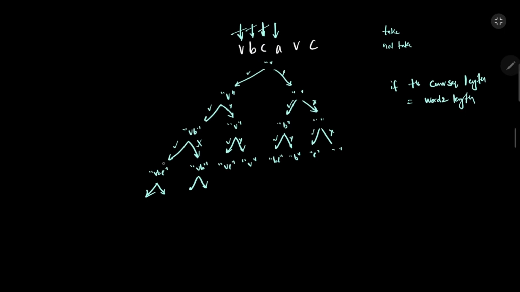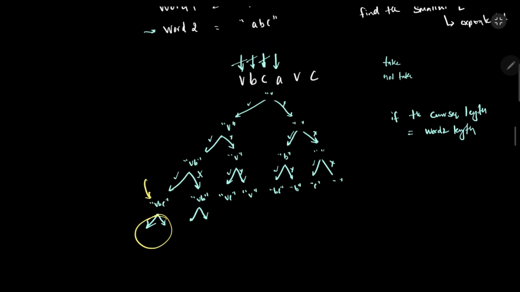Like in this case, we have got a sequence of length 3, so there is no need to explore further cases. We just need to check whether this sequence of length 3 is almost equal to word2.